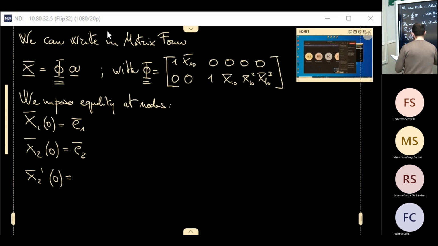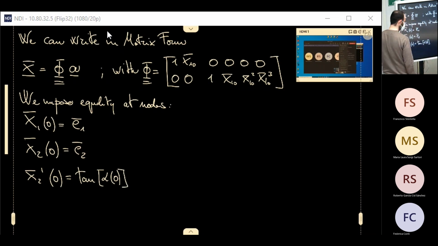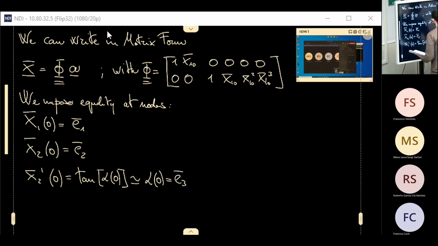Okay, let's write it. Tangent of alpha at 0. And this is more or less in the linearization approach.